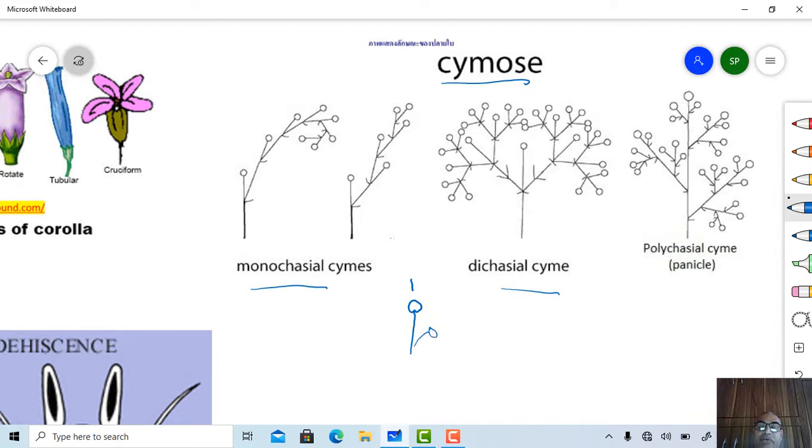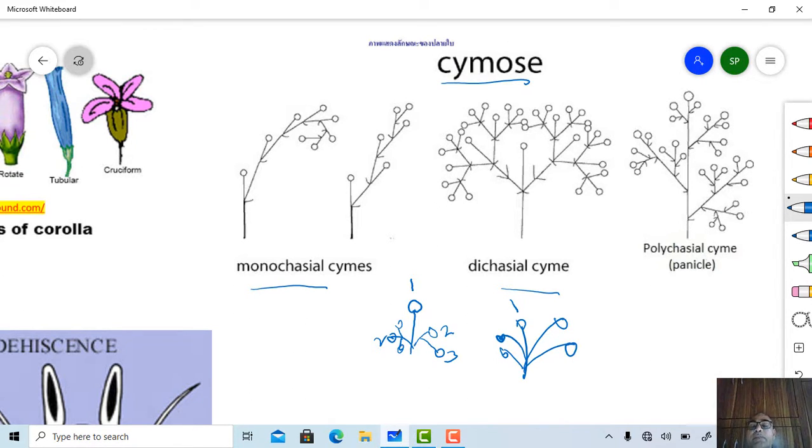Laterally it may produce a second flower or third flower, or it may produce first one flower then second. Such conditions are observed in the cymose type.